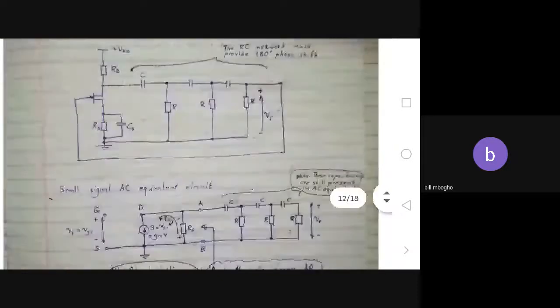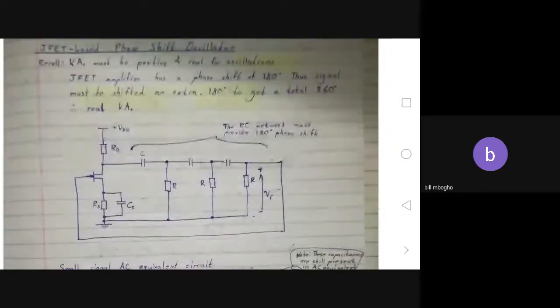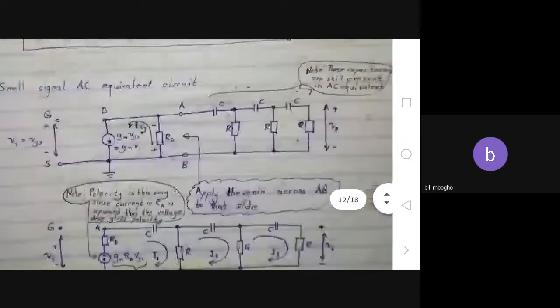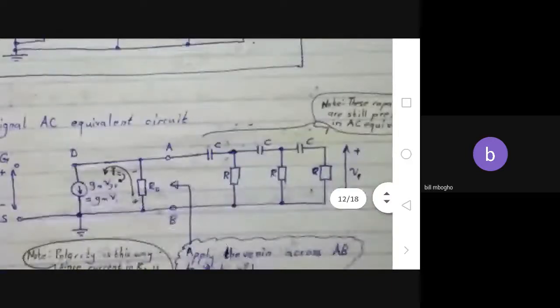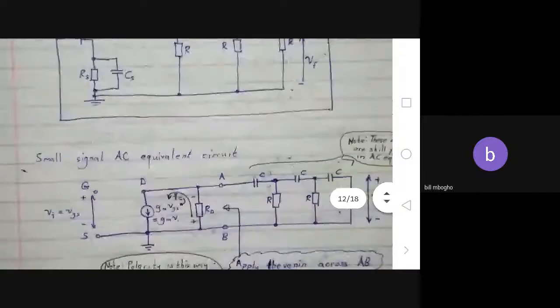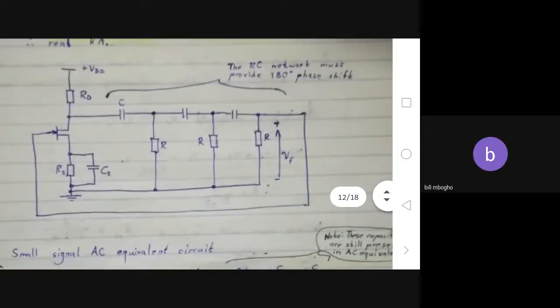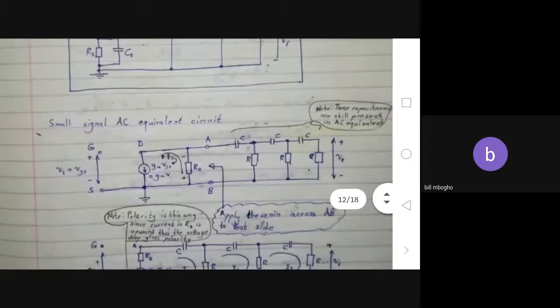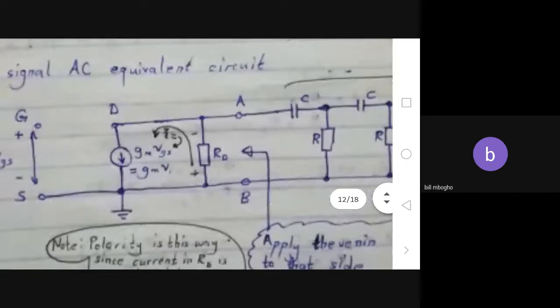This one now calls for ECT equivalents, loop 1, loop 2, loop 3, and all that. So the AC equivalent is the one here. Because it's the JFET, that's why you have the GSD over there with the current loop.